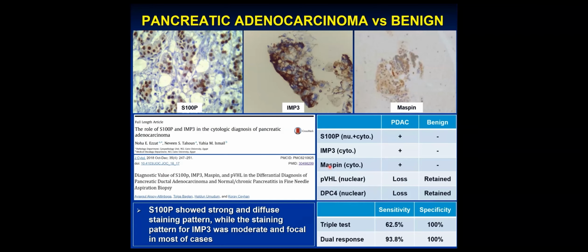Positive staining for the first three markers and the loss of expression for the last two tend to support the diagnosis of adenocarcinoma over mimics. The dual staining of these three markers demonstrated a reported sensitivity of about 94% and 100% specificity. So these markers, when utilized on cell block from pancreatic FNA, may help mitigate false negative results.